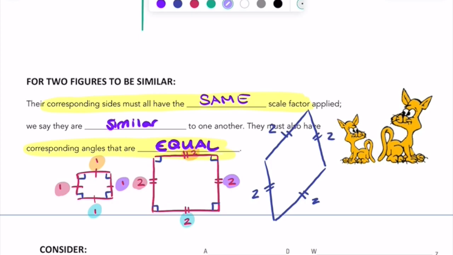Now, if I was looking at my original square that I drew, and I only looked for the first condition, that the scale factors would have to be the same for every pair of corresponding sides, I'd be fine, right? It matches. But visually speaking, I could tell these shapes aren't similar because A, they don't look like each other. They don't look like enlarged or shrunken versions. But B, the angles do not match. This angle here and this angle here are going to be the same, but they're both not 90 degrees. So both conditions must be met for those two shapes to be considered similar.